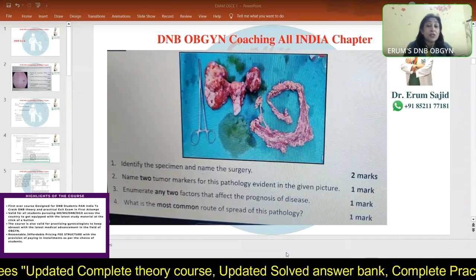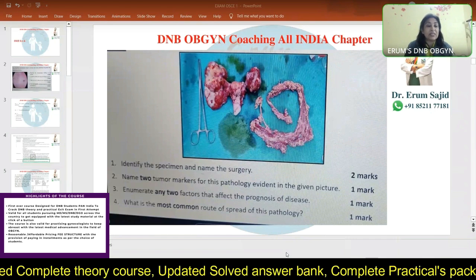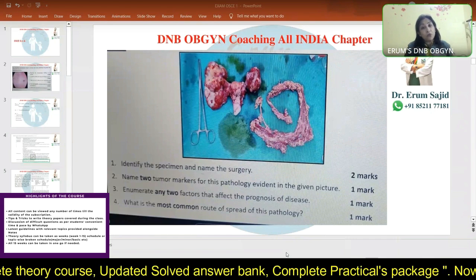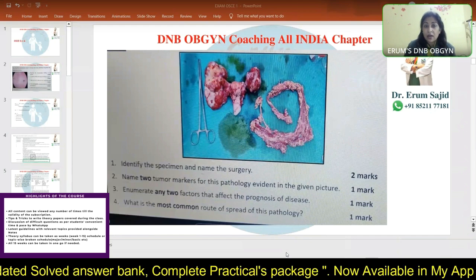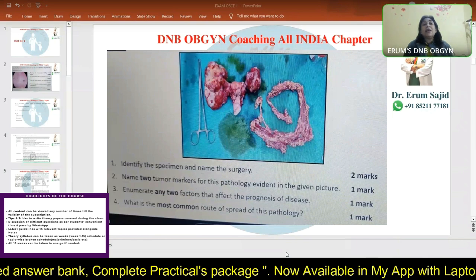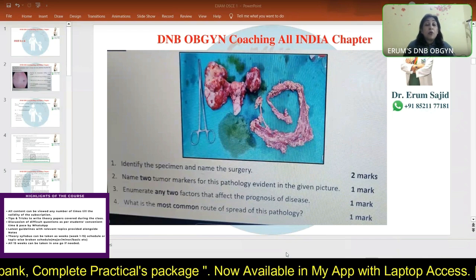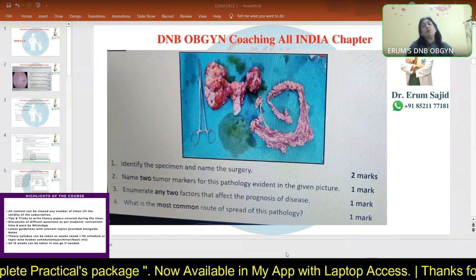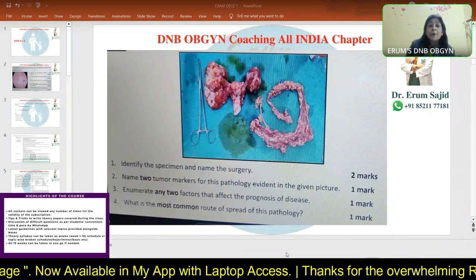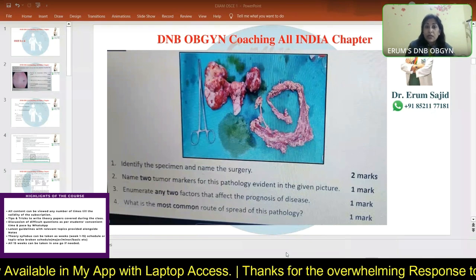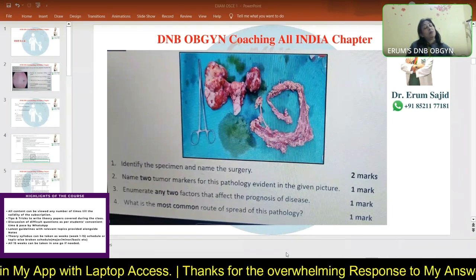But for ovarian carcinoma, you go for a debulking surgery almost every time. Sometimes you give neoadjuvant chemotherapy and then go for a debulking surgery. Sometimes you just go for a debulking surgery followed by chemotherapy. But in the case of ovary, the very important thing is how much residual disease has been left after your debulking surgery, which decides the prognosis of the disease.